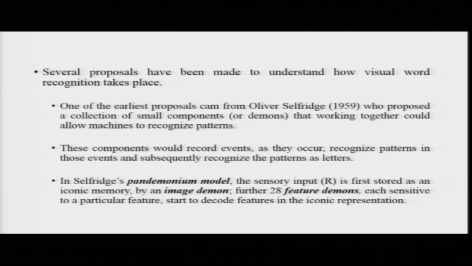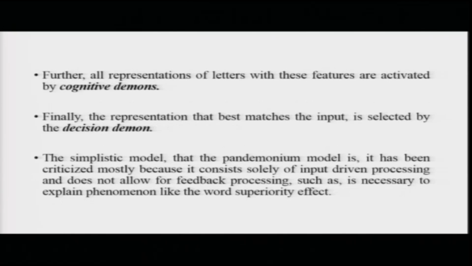Each sensitive to a particular feature, they start to decode the features present in the iconic representation. So, the image daemon gives the visual representation, and the feature daemons tell, okay, this feature present, this feature present, this feature present.